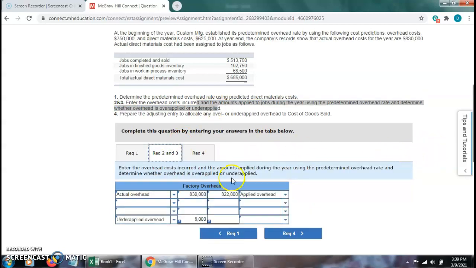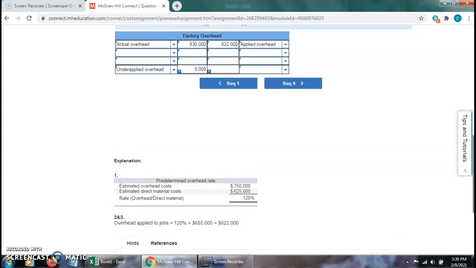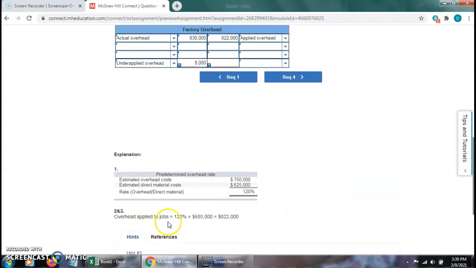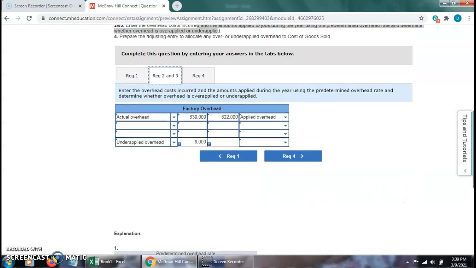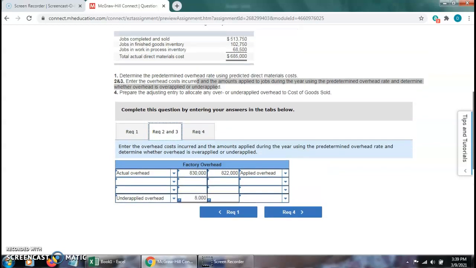Here's our actual overhead. Our overhead applied will be equal to our 685 times our 1.2, which gives us 122,000. That's the applied overhead. In that case, actual is greater than applied overhead, and so it's underapplied by $8,000.